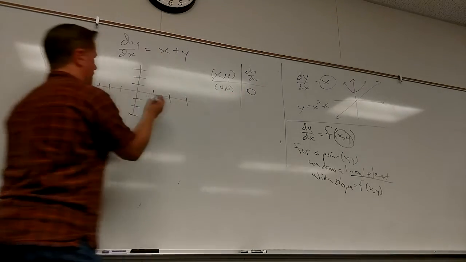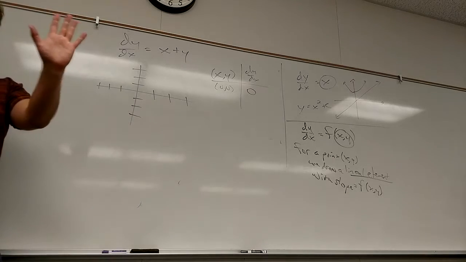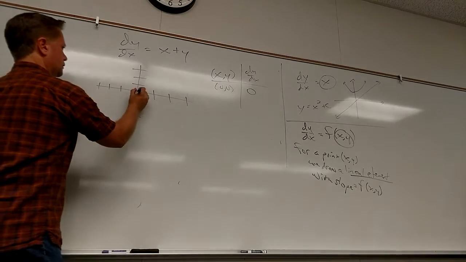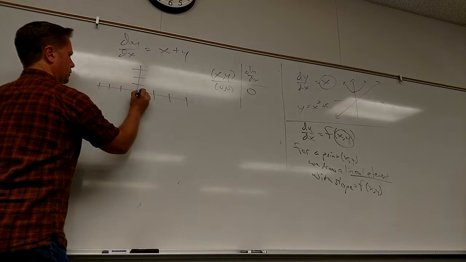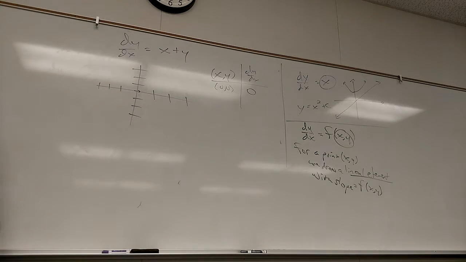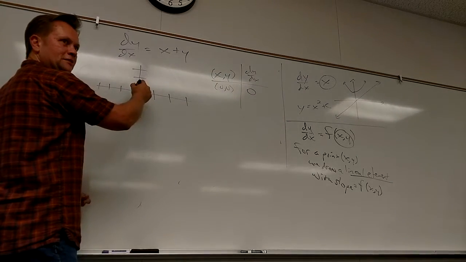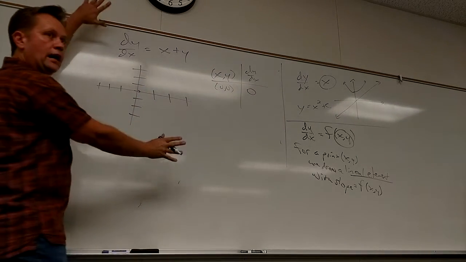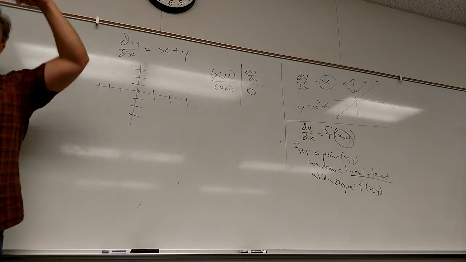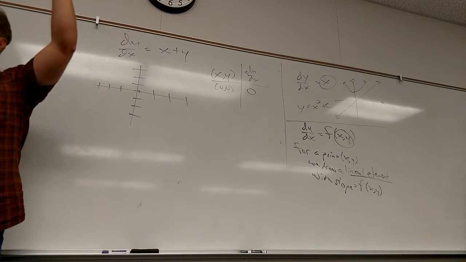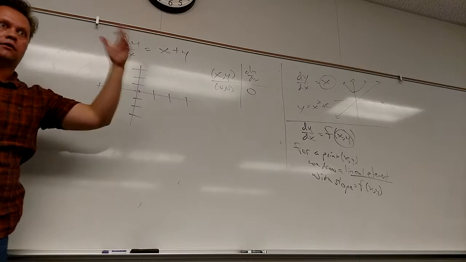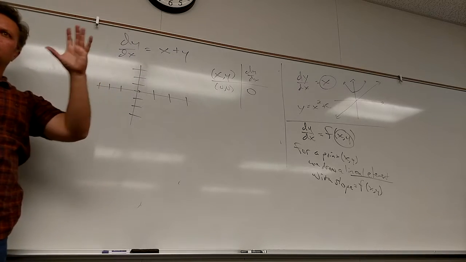So at 0, 0, the slope is 0, so my little lineal element would be like that. Any curve that goes through 0, 0 has to do that. So once I get this all plotted, I can then be given an initial condition and just follow the arrows and draw what it would look like. That's kind of the idea.